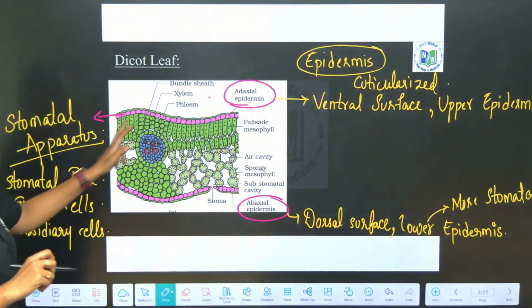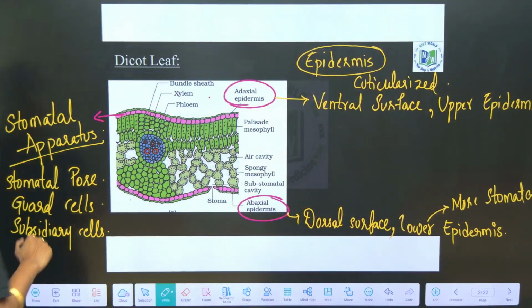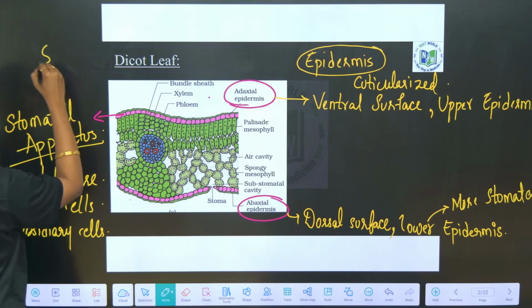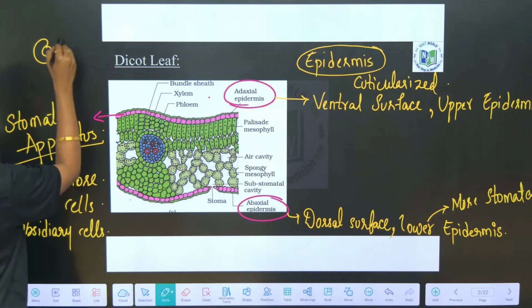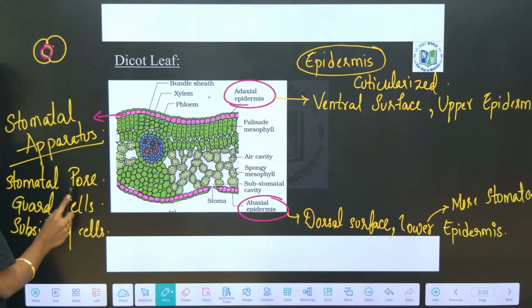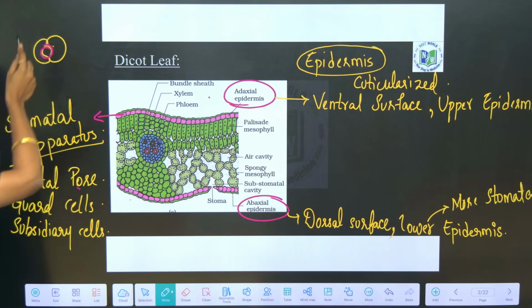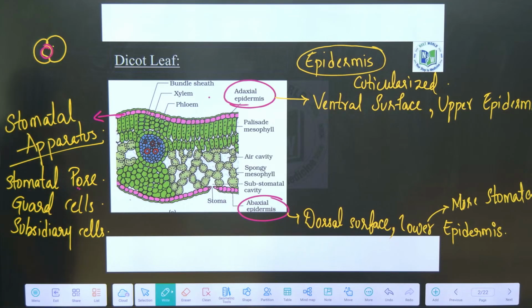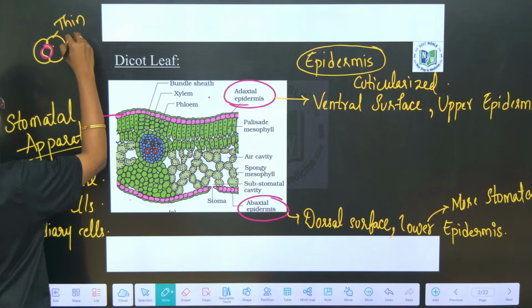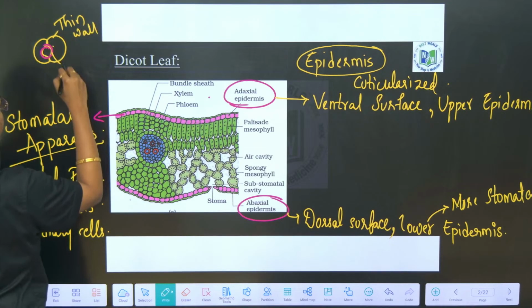Here what all are present in the stomatal apparatus? It has the stomatal pore. Of course, guard cells are of what shape? Bean shape, where at the center you have the stomatal pore. It has two wall layers, outer thin wall and inner thick wall.